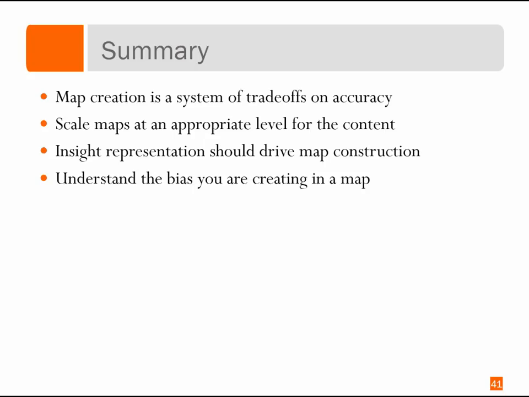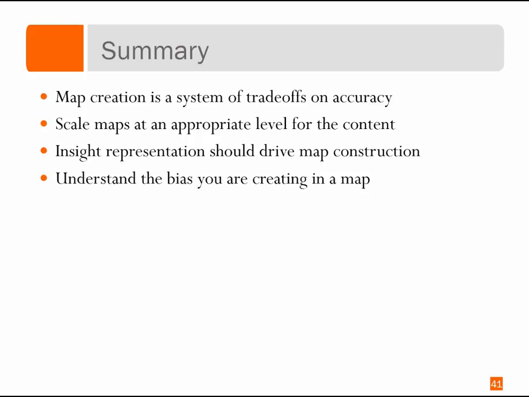Okay. So in summary, map creation is a system of trade-offs on accuracy. So if we encode for population, we might be doing a disservice to area, and if we encode for area, we might be doing a disservice to the populations in particular areas.